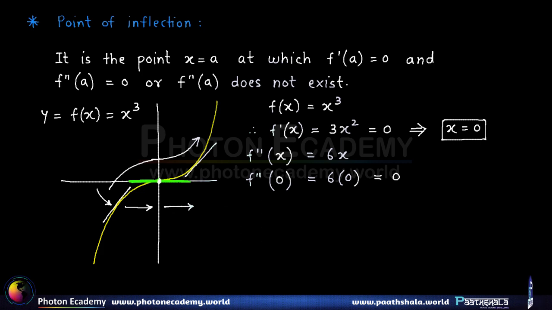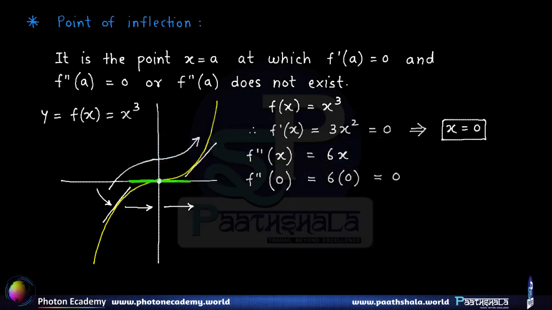Therefore it is neither the point of maximum nor the point of minimum. Therefore it is called the point of inflection. So it's a very special scenario where the second derivative test fails, right?